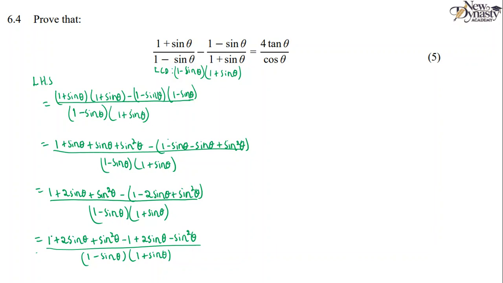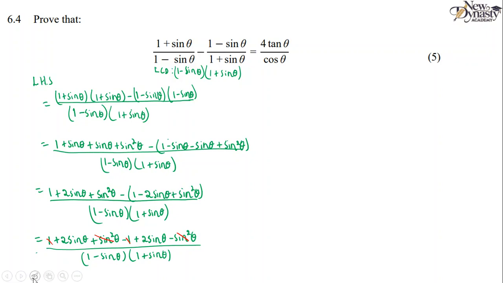So you can cancel what is cancelable. 1 and negative 1, they're going to cancel, they're going to take each other out. Sine squared theta and negative sine squared theta are going to cancel.